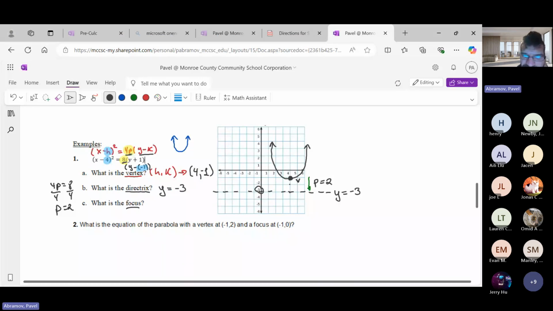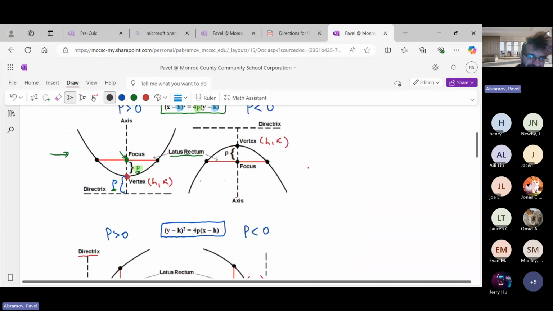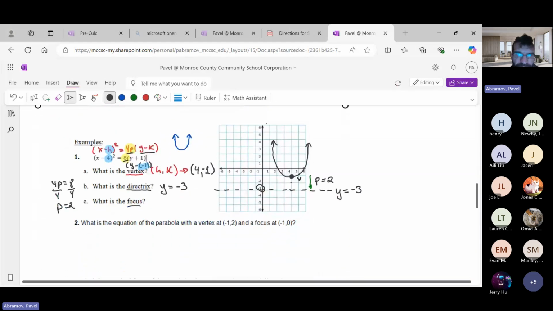Finally, the focus. If we consider our analogy of the parabola being a Pac-Man, the focus is like a pebble that the Pac-Man eats. And remember, the distance from the vertex to the focus is still this value p. So we already know that p is equal to 2. So from the vertex, we go up 1, 2, and that's where the focus is.